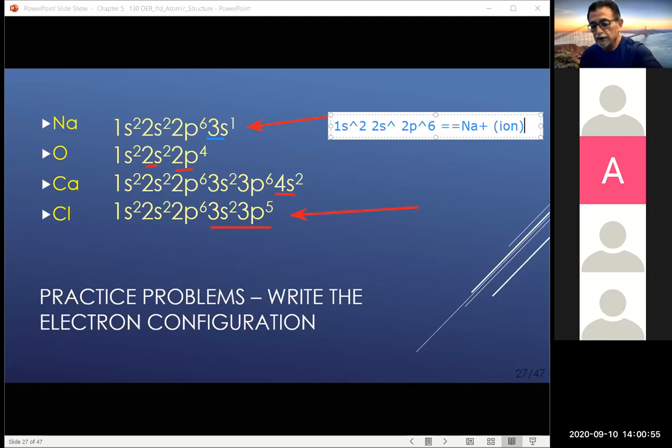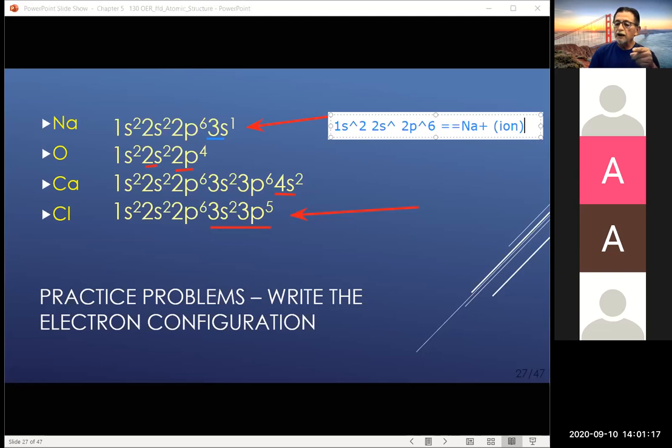And when it lost one electron, how many valence electrons does the sodium ion now have? It will have a total of 8, which will make it an octet. You got it.